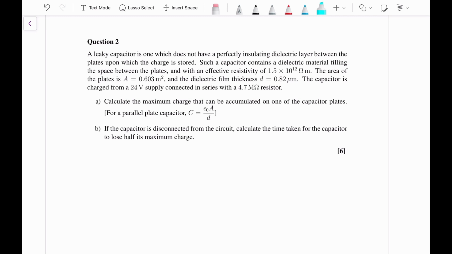For a parallel plate capacitor, they gave us the formula for capacitance. So when is there a maximum accumulation of charge?